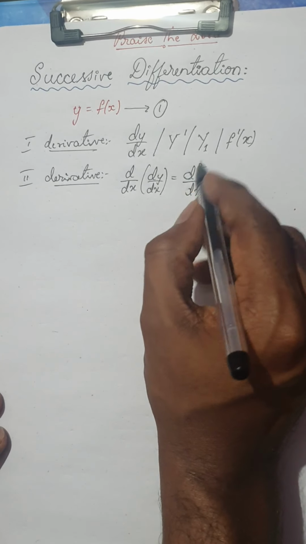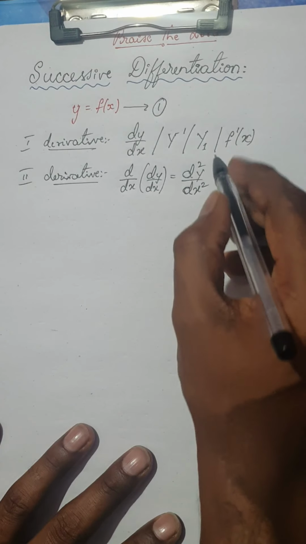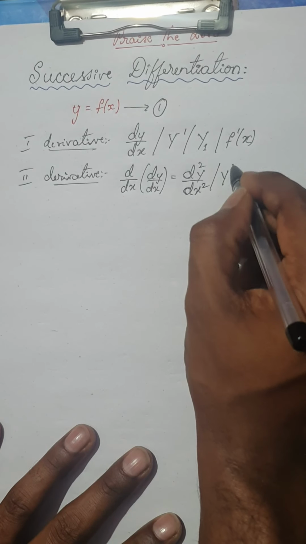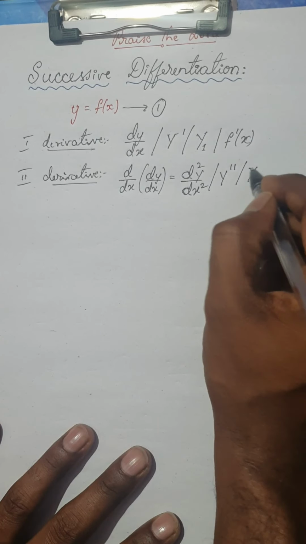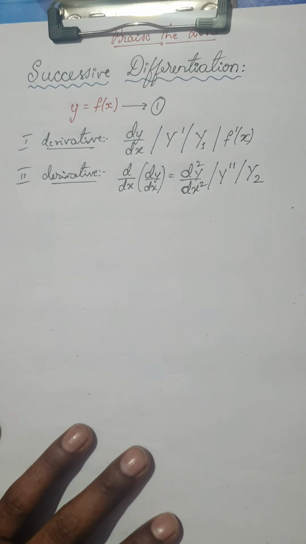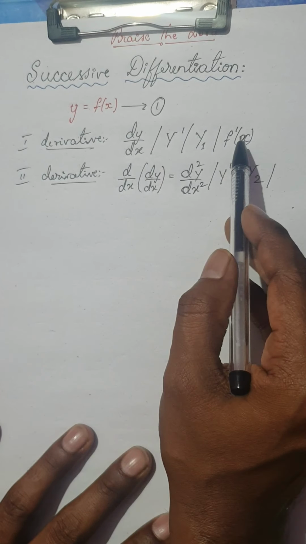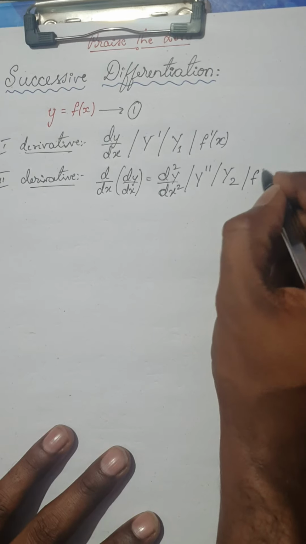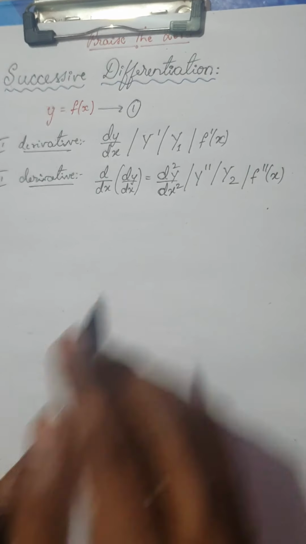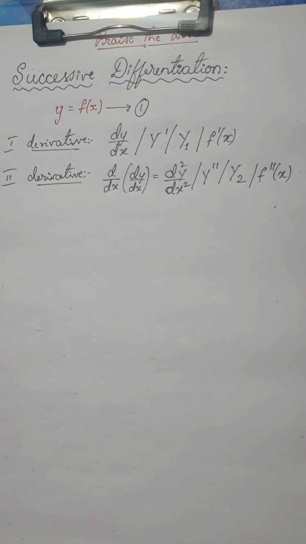So the second derivative of the function is denoted by d square y by dx square, or you can represent this as y double dash, or you can also represent this as y2. As in the previous case, you can also write this as f double dash of x. Is it clear? F double dash of x. So in both the cases, remember, this is the second derivative.